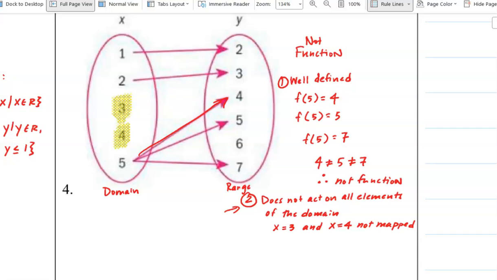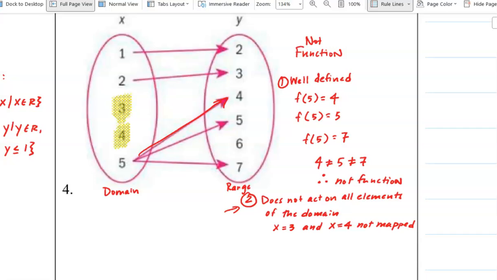When you set a domain, or the domain is understood to be all real numbers, or it's given like this, saying 1, 2, 3, 4, and 5, then 3 and 4 have to map to something, they have to create an output. And that would be the reason why.